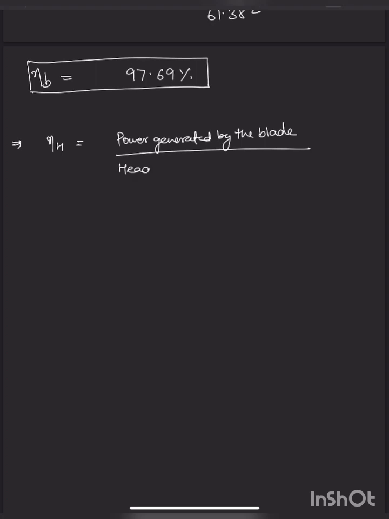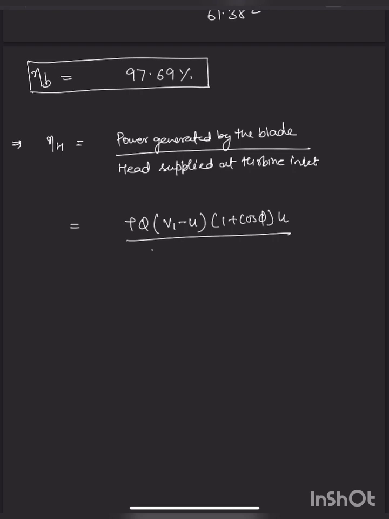Now we have to calculate the hydraulic efficiency NH, which is equal to the power generated by the blade divided by the head supplied at the turbine inlet.